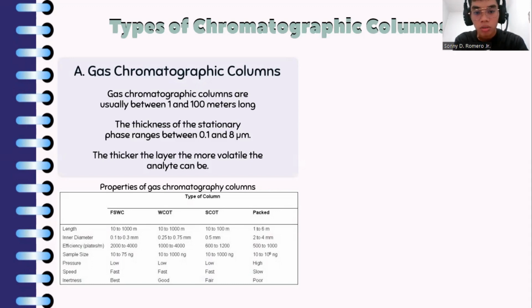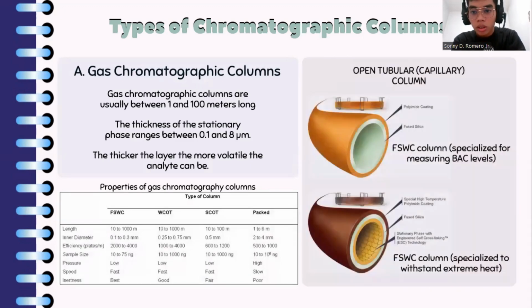In contrast, fused silica wall-coated open tubular columns are manufactured to be virtually free of these adsorption problems. So here are generated images of fused silica columns, one specialized for measuring synthesis, and another specialized to withstand extreme heat.